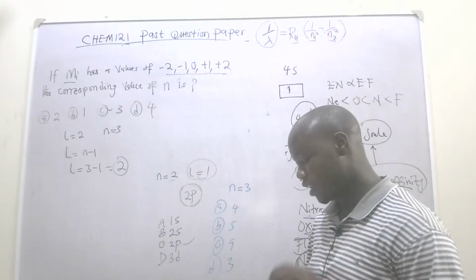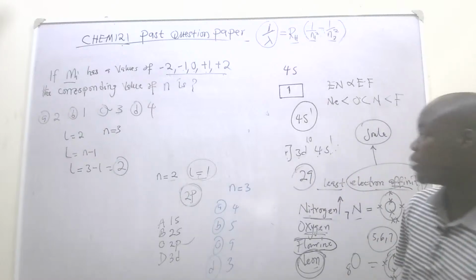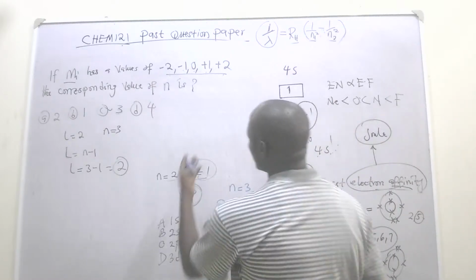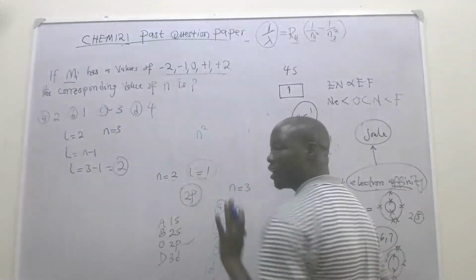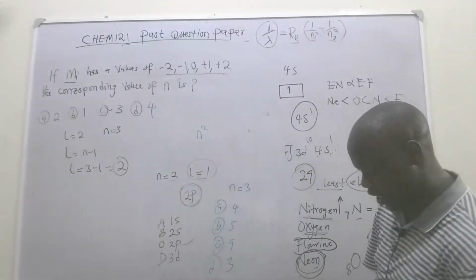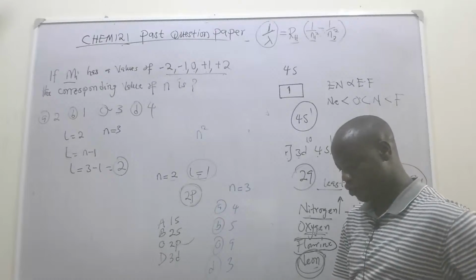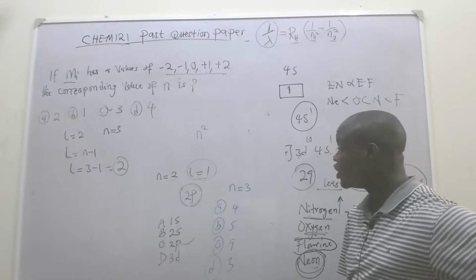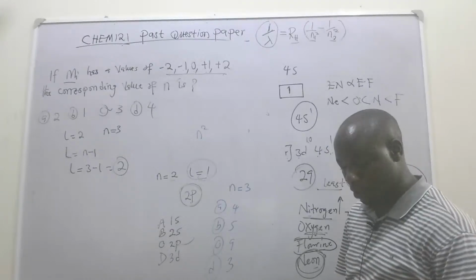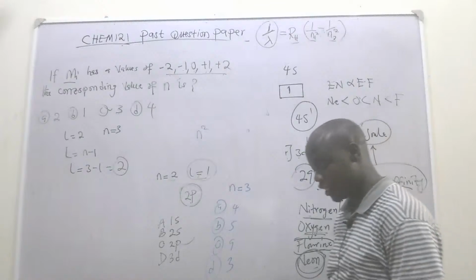If you want to calculate the number of atomic orbitals, you only square the principal quantum number. So it's just n square. n square is the formula that you can use to calculate the atomic orbitals.